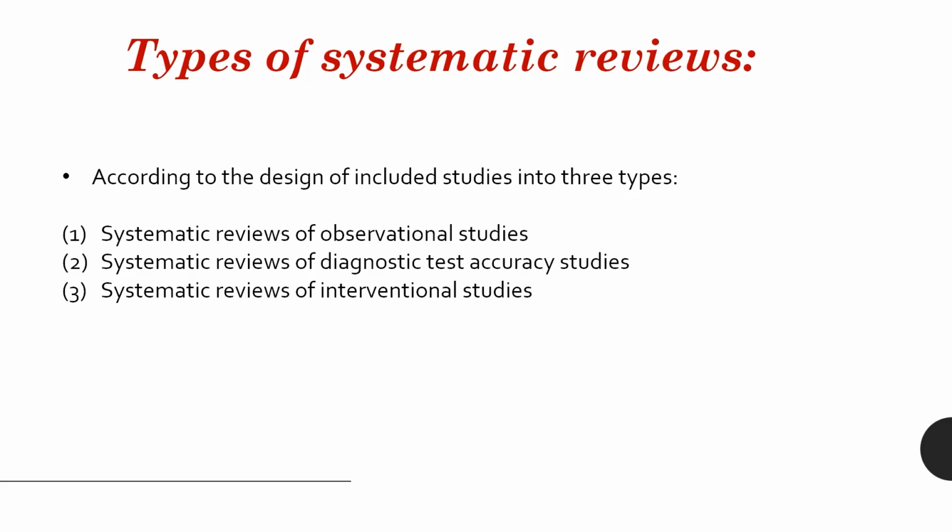Second is systematic reviews of diagnostic test accuracy studies, which aim at evaluating the accuracy of diagnostic tests. Third, systematic reviews of interventional studies, which are concerned with estimating the safety and the efficacy of treatments.